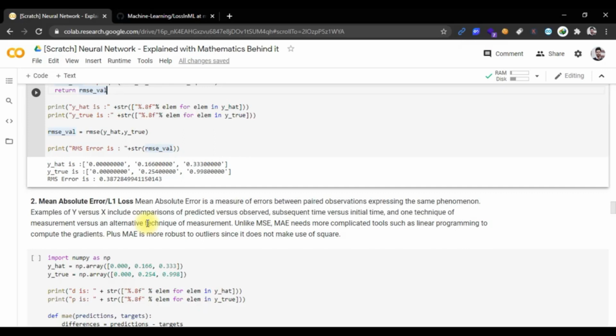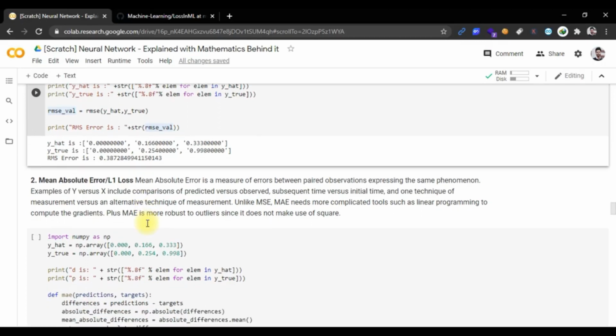MAE is more complex because it needs more tools to calculate, but MAE is also robust, it can handle your outliers and get it done in less time than MSE, and it does not require the use of squares, so it is robust for that.